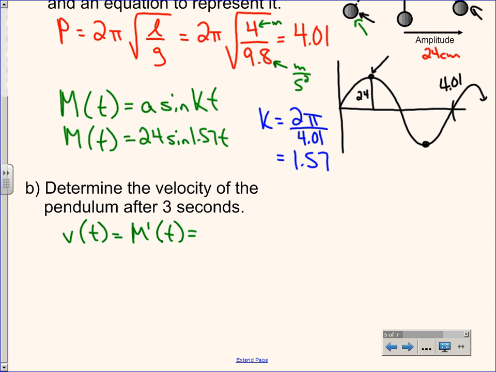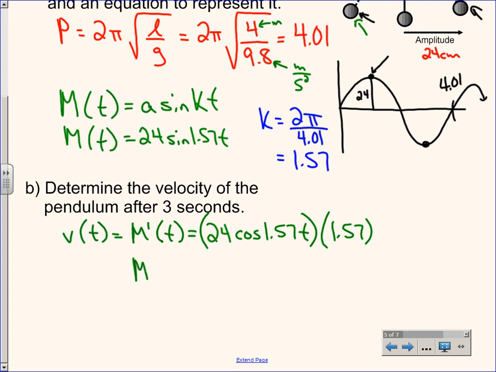Acceleration is the derivative of velocity. So if I take the derivative of this one, it would be 24 sine, derivative of sine is cos, so cos of 1.57 t. That's the derivative of the outside. And I have to multiply that by the derivative of the inside, which is just that 1.57. So nice, easy derivative, relatively.